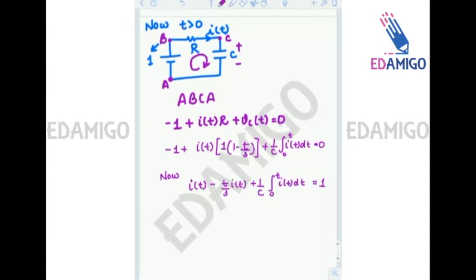If we differentiate both sides, then we will get di/dt minus t by 3 di/dt minus i(t) by 3 plus i(t) by C is equal to 0.